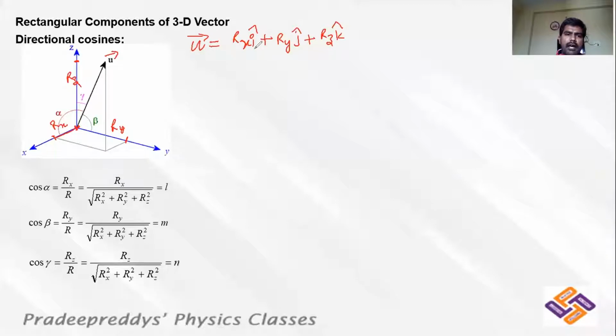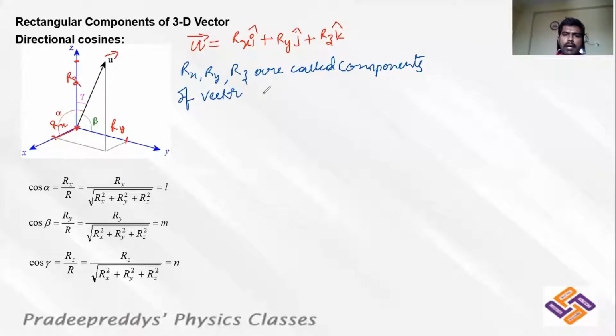And what about these rx, ry, and rz? Rx, ry, rz are called components of vector r bar along x, y and z axis.